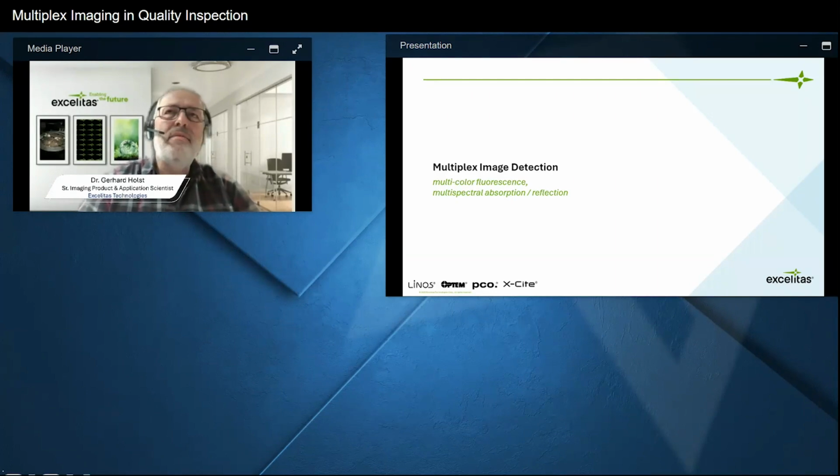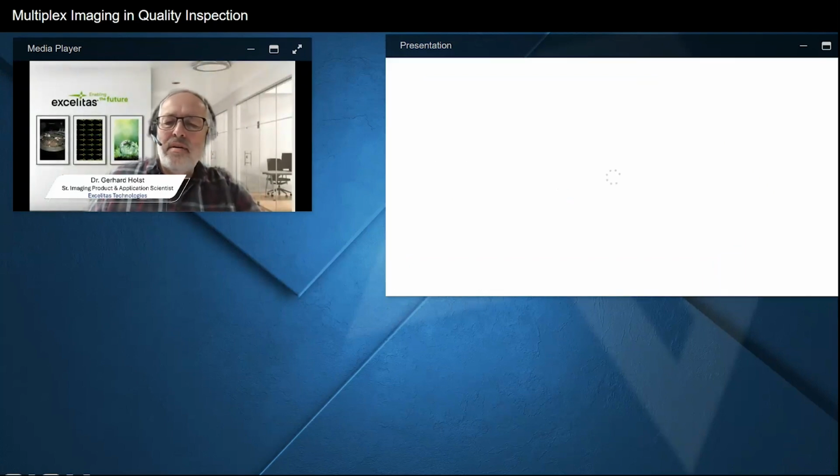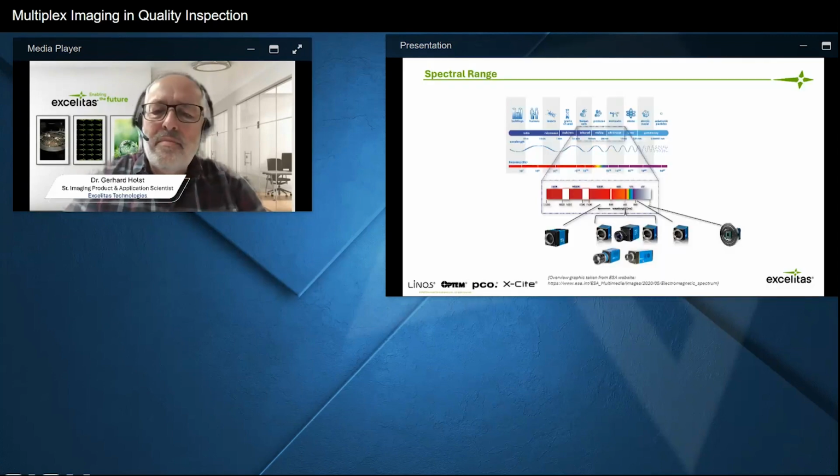I would like to have a look at the detection part of this multiplex imaging. And I would like to start again with the overview of the spectrum, because certainly for each of the applications, it's interesting to be aware that for different spectral parts, you need different types of detectors.